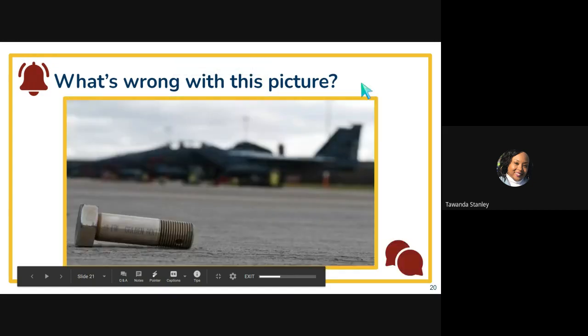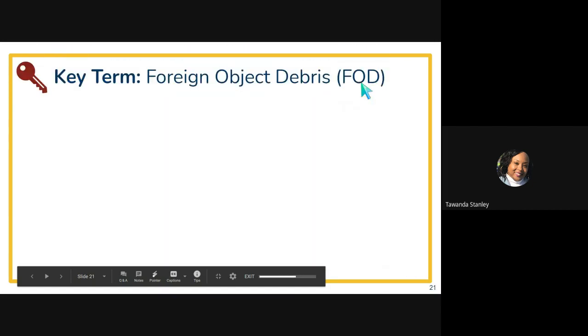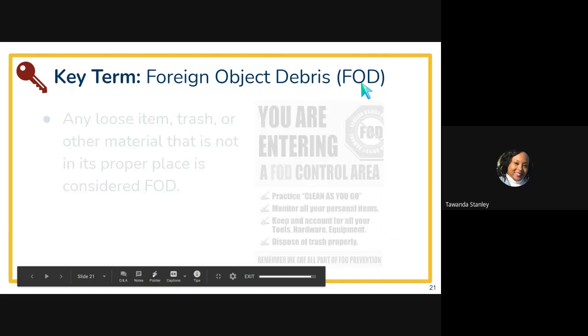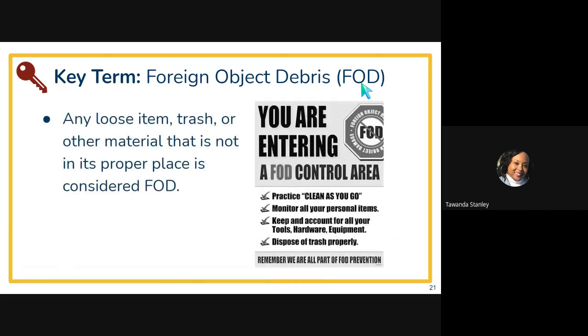So we talked about this. Now, here's your key term: foreign object debris. Any loose item, trash, or other material that is not in its proper place is considered to be FOD. Again, FOD is foreign object debris.